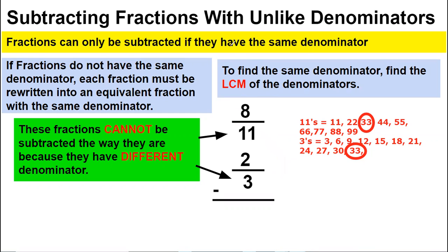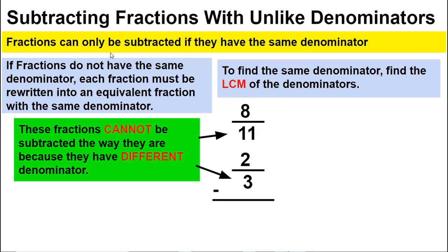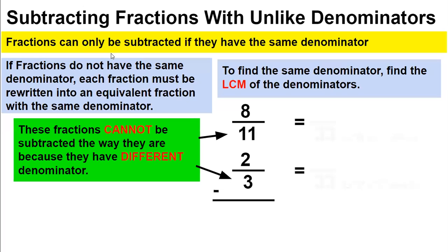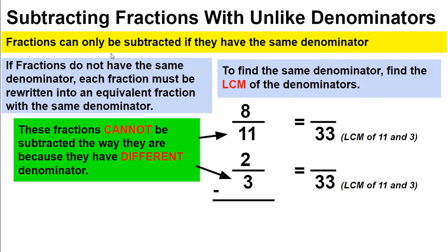Okay, so let me clear and let's continue. We're going to use 33, our least common multiple. So now I say 11 times what gives me 33? 11 times 3. So on the top, I'm also going to multiply by 3. Always multiply by the same number that you multiply the bottom number by.